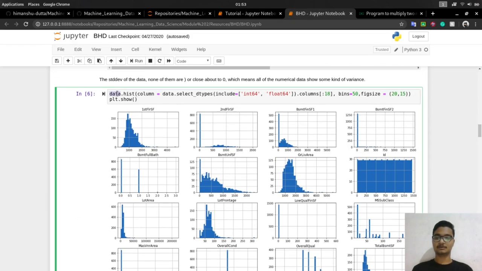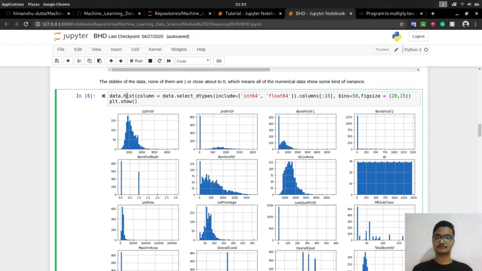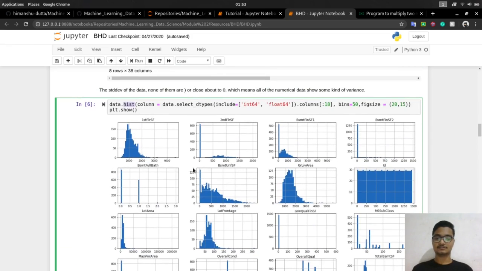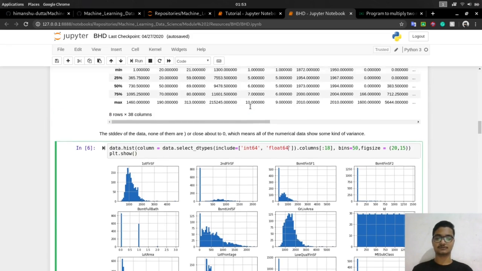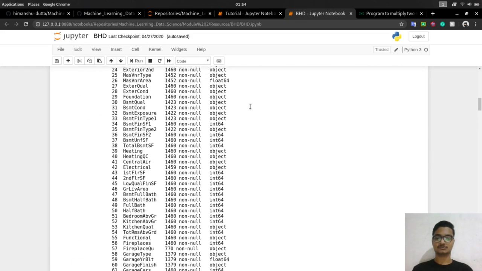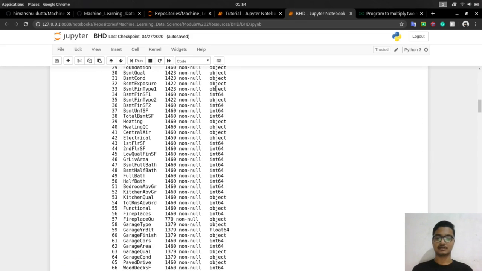Pandas actually provides us with various plotting functions itself, like hist, which provides the histogram plot. As you can see, various histograms can be plotted through dataframe.hist. Right now we have selected the columns which have integer and float values, because we don't have much use of categorical values like strings.